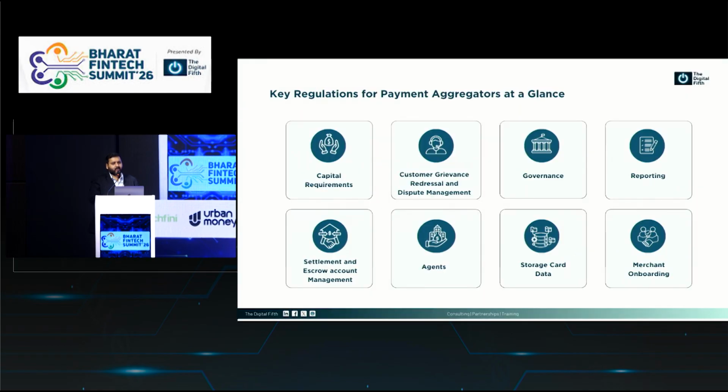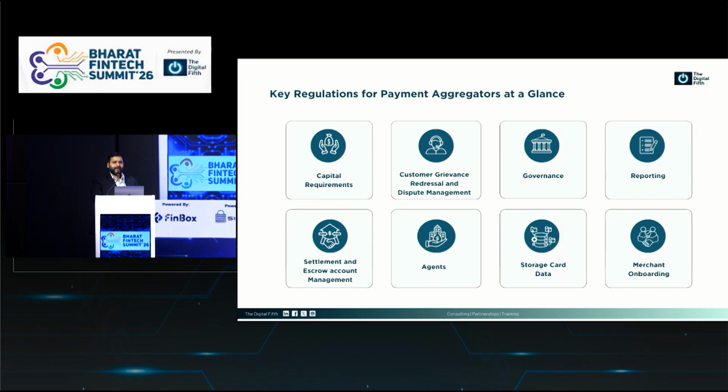Just touching upon regulations, what are the key regulations for the payment aggregator? There are regulations based on capital requirements, customer grievances and redressal, and dispute management. There are governance models as well, frameworks defined for the payment aggregator.